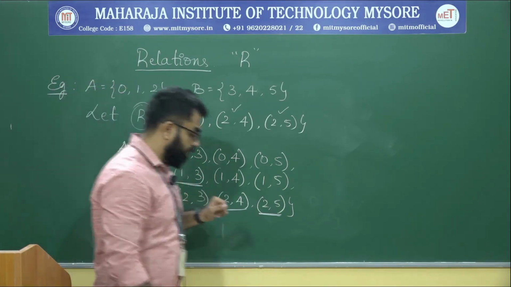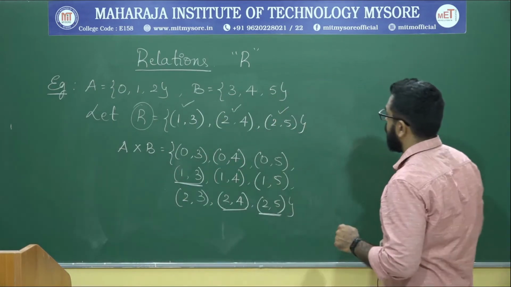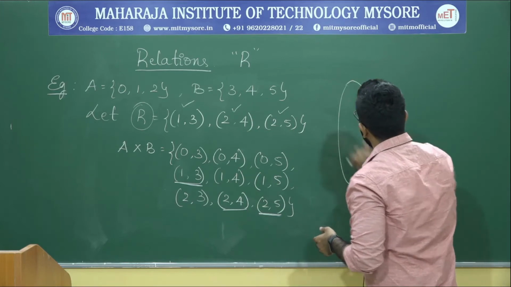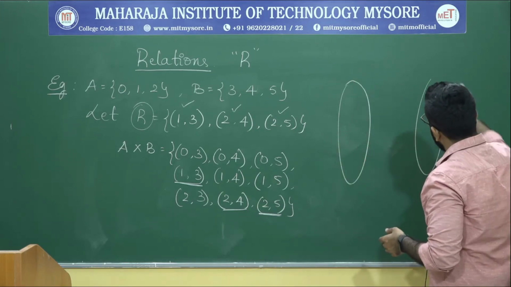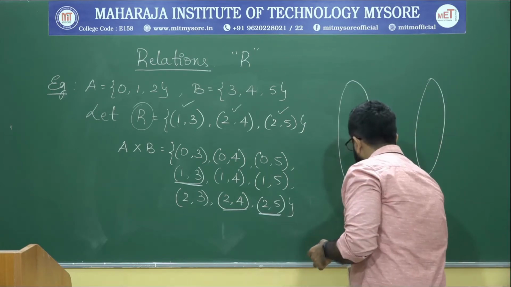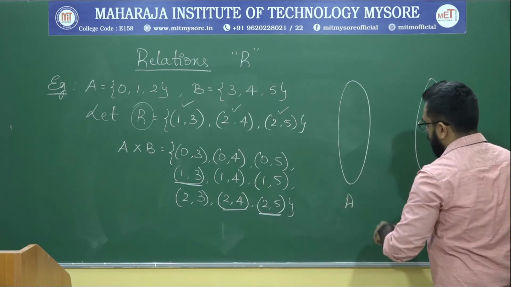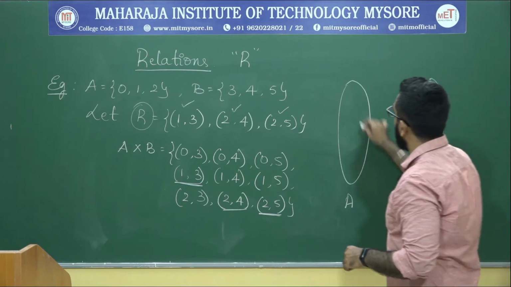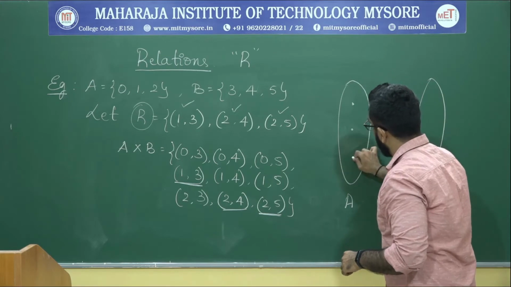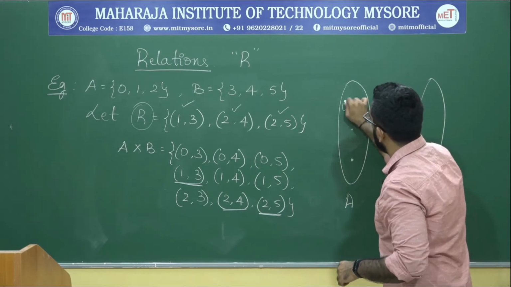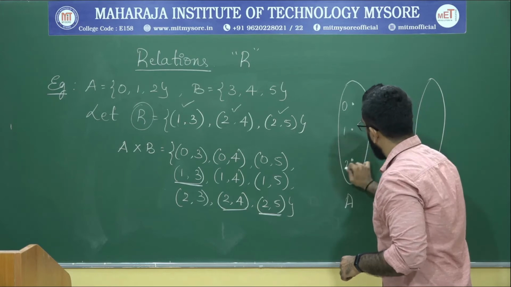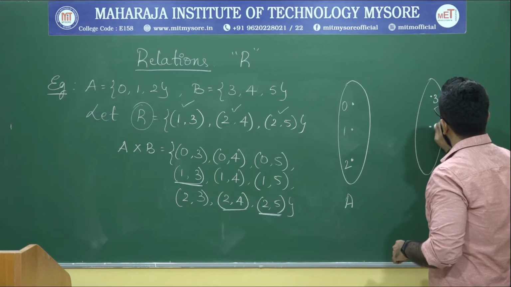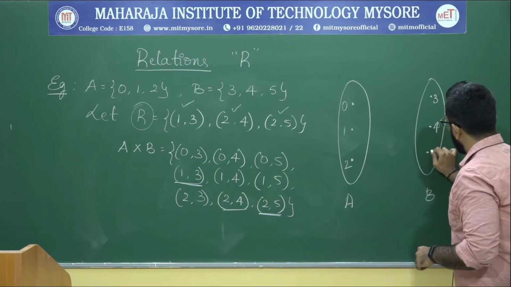Now we can write this given relation in the form of a diagram. We call this diagram an arrow diagram. We use it to map the elements between two sets. Let this oval represent set A and this one set B. Let the dots represent the elements of set A, 0, 1 and 2, and of set B, 3, 4 and 5.